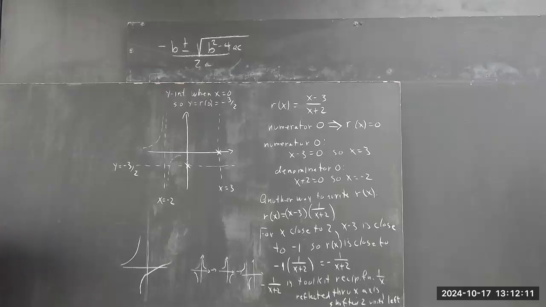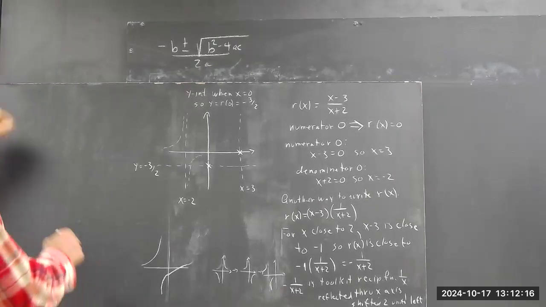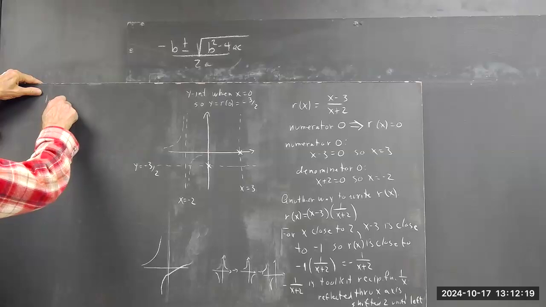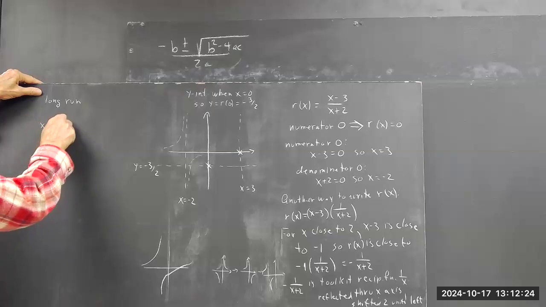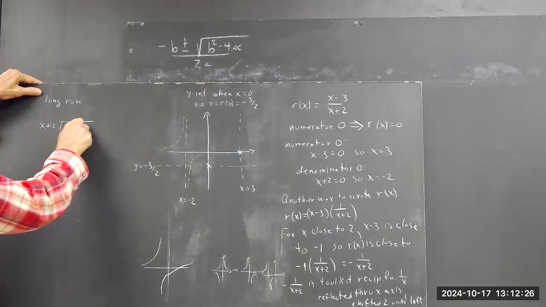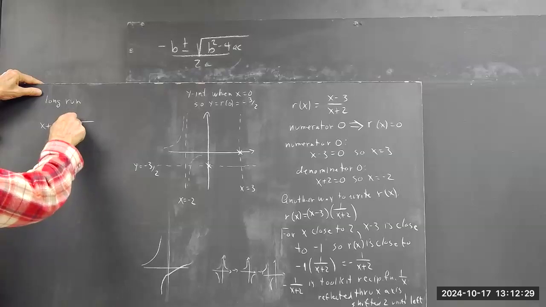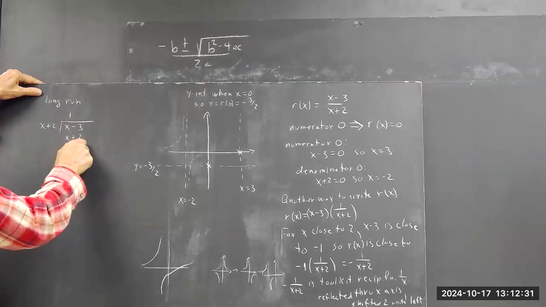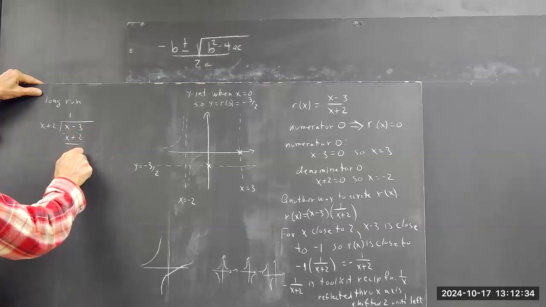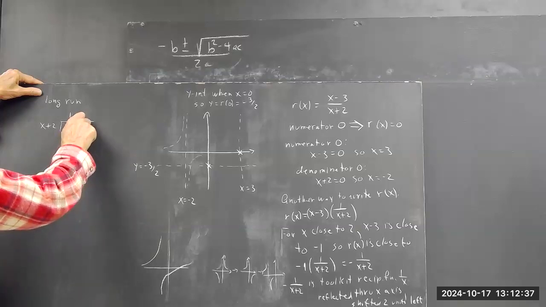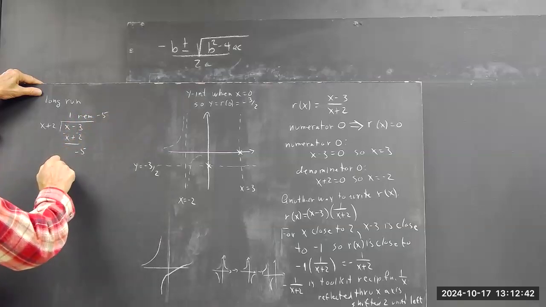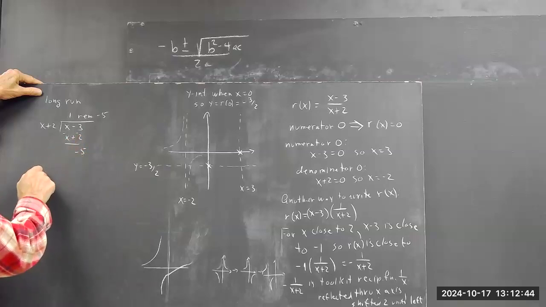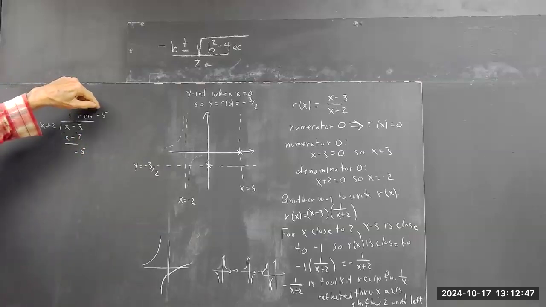The other thing we know about this is the long run behavior. It's 1 with a remainder of -5.